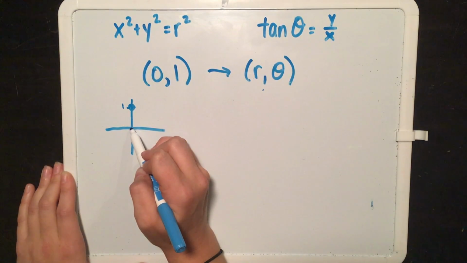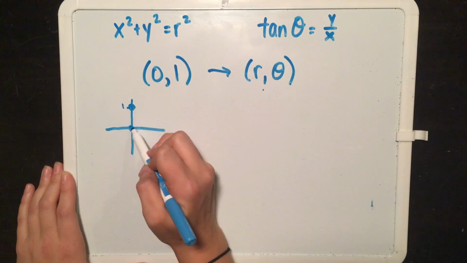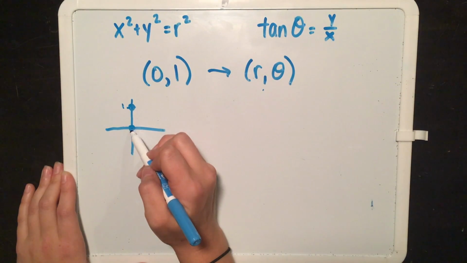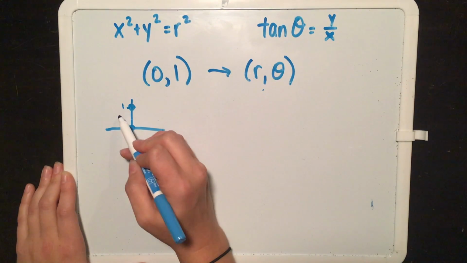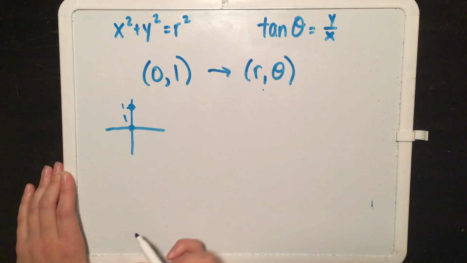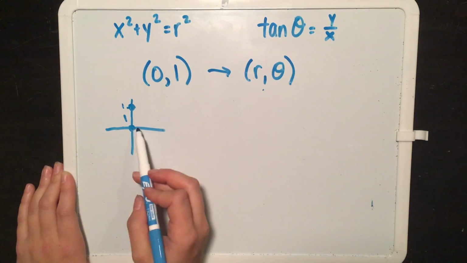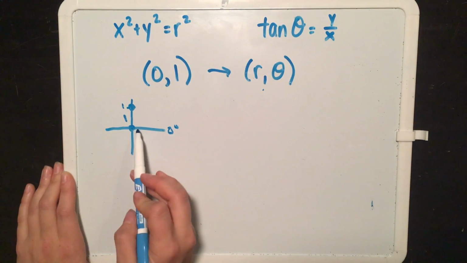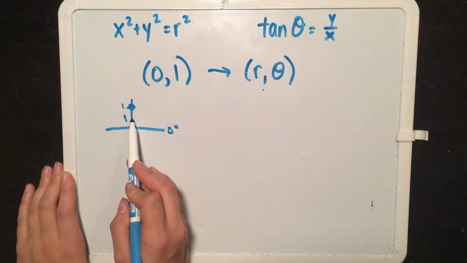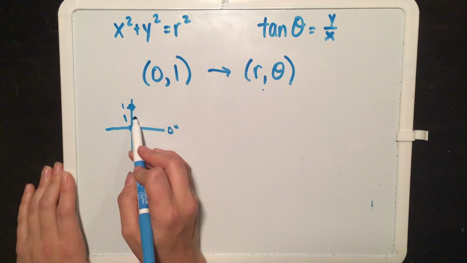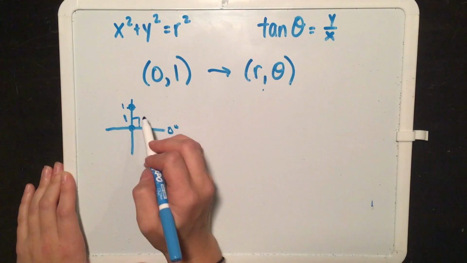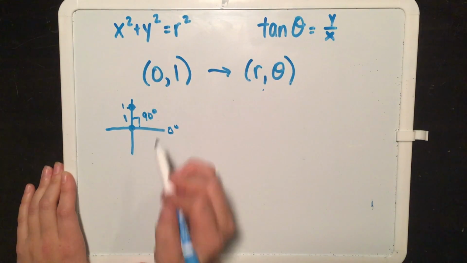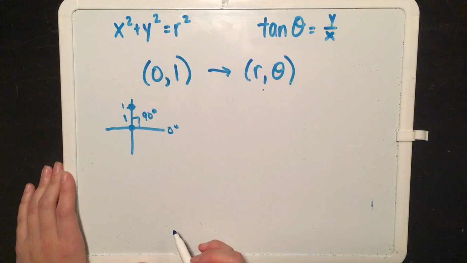If our radius is the distance from the origin, that's just going to be this vertical distance here, which we know is 1. And theta is the angle from 0 degrees, and if we go all the way up to the vertical, that's just a 90-degree angle. So our theta will be 90 degrees.